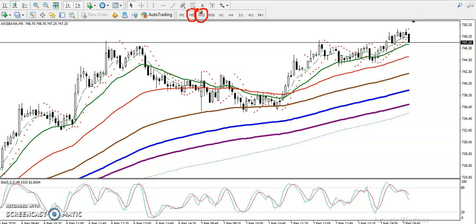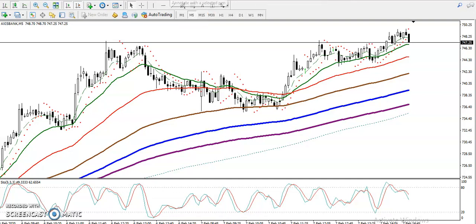All right. So I'm looking for a trend, either an uptrend or a downtrend. How do I identify it? In both time frames, the 5-minute and the 15-minute, all moving averages should be arranged sequentially.